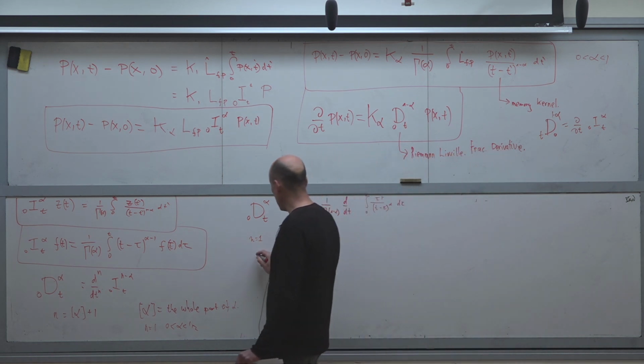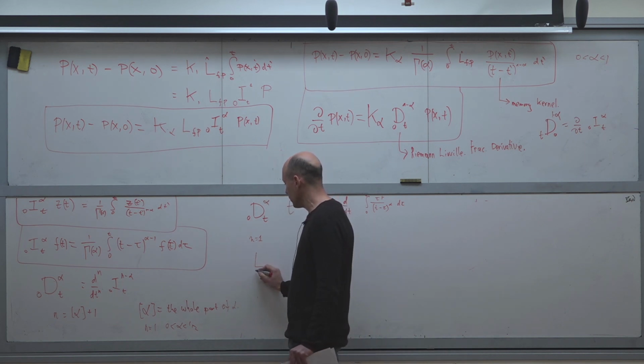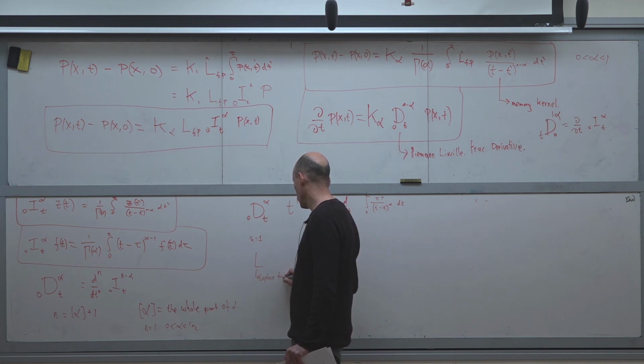Now we want to do the Laplace transform of everything, the derivative of order alpha of t to the power mu.